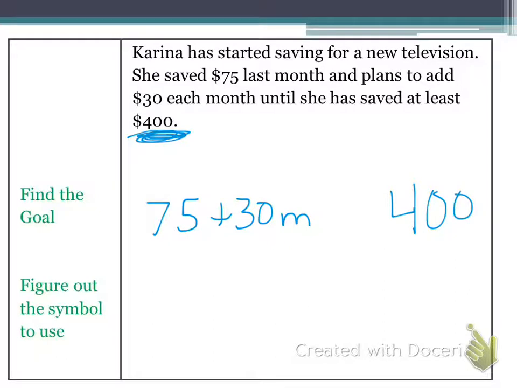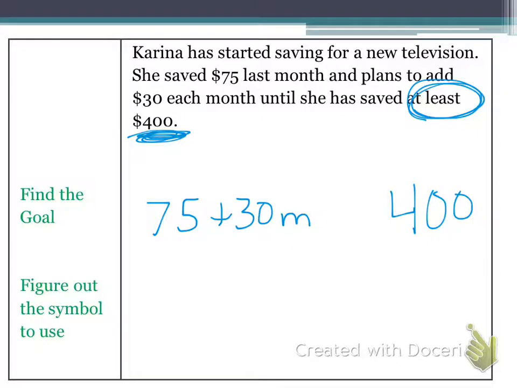The thing about inequalities is it's not always equals. We don't want equals all the time. Think about real life. If you save more than $400, are you going to be okay with that? Yeah, probably. Are you going to be okay if you save less than 400? No. How do I know that? Because it says at least.